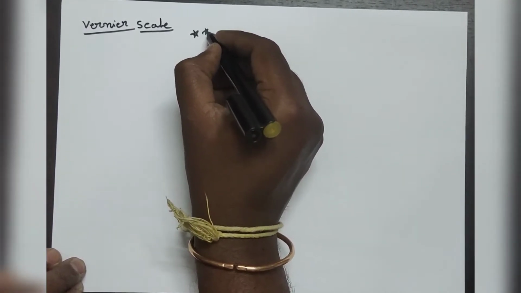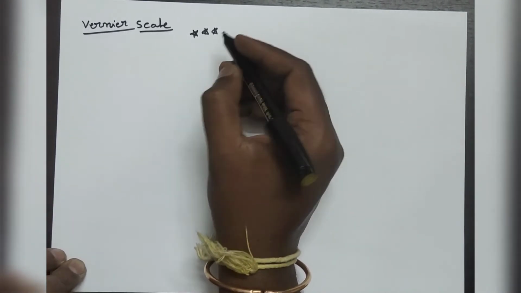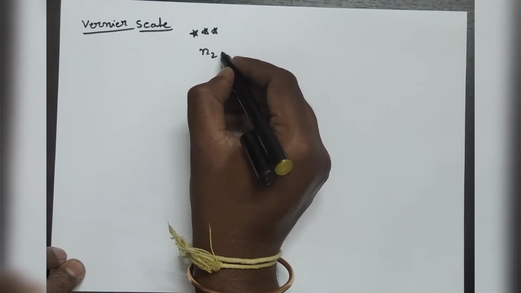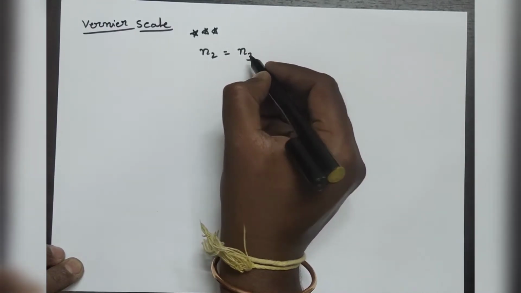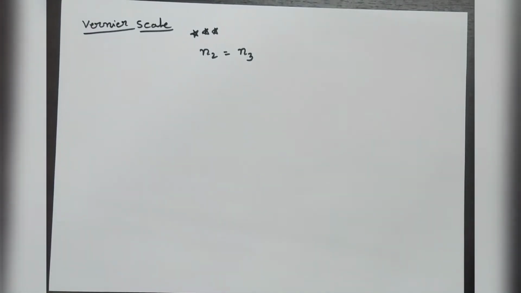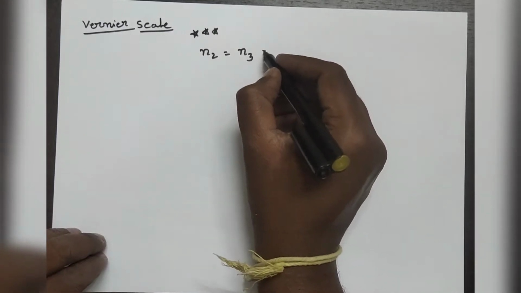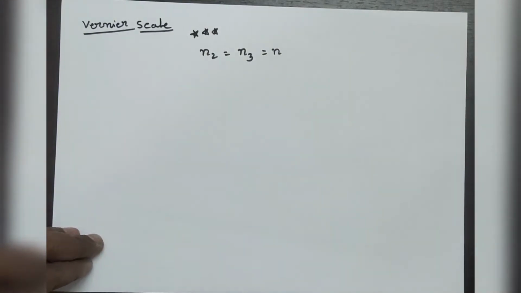The most important element is that the secondary divisions should be equal to the Vernier divisions N3. N2 is equal to N3 in case of Vernier scale, and we will consider it as N. So with this, how the Vernier scale principle depends, that we will learn now.